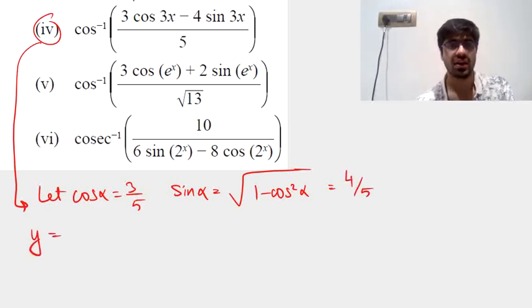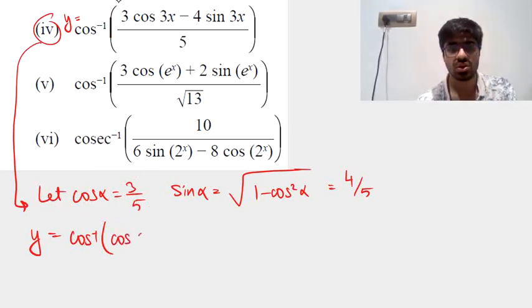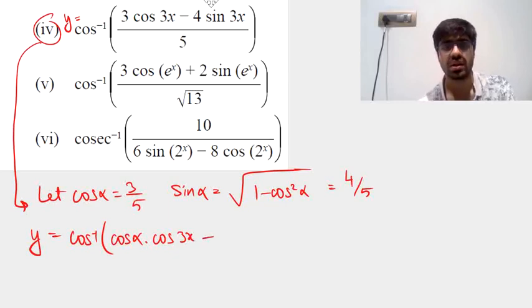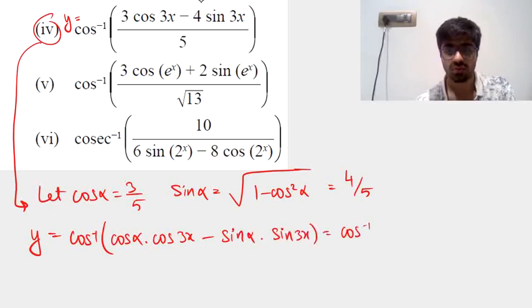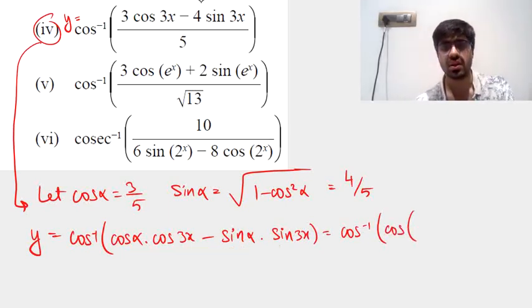So now if y is the given function, then y will be equal to cos inverse of 3 by 5 cos 3x, but 3 by 5 is cos alpha. So we have cos alpha into cos 3x. In the middle there's a minus, then there's a 4 by 5, which is sin alpha, into sin 3x. Cos inverse of cos A cos B minus sin A sin B will be cos of alpha plus 3x.